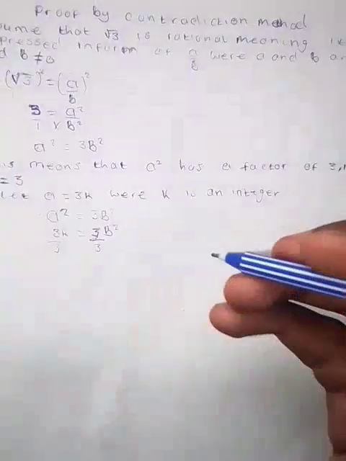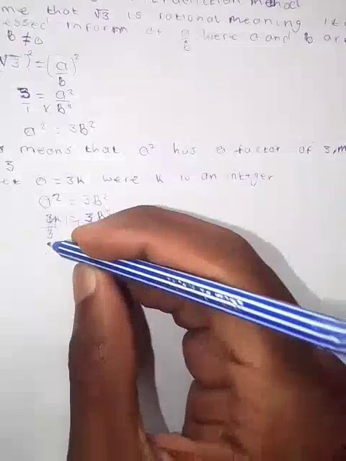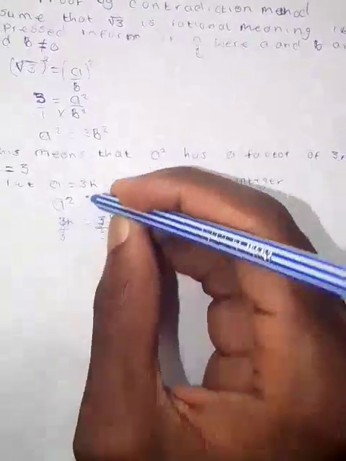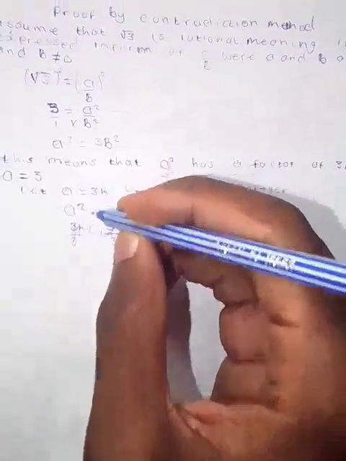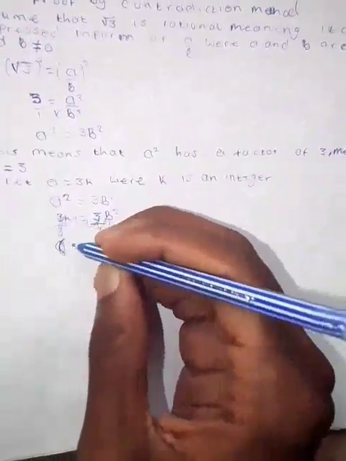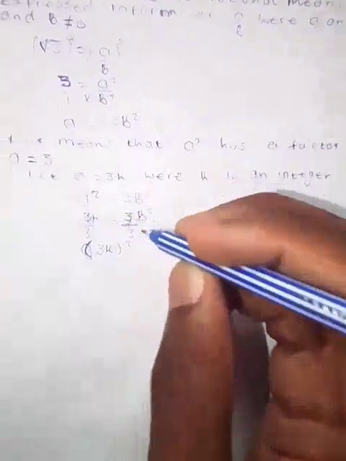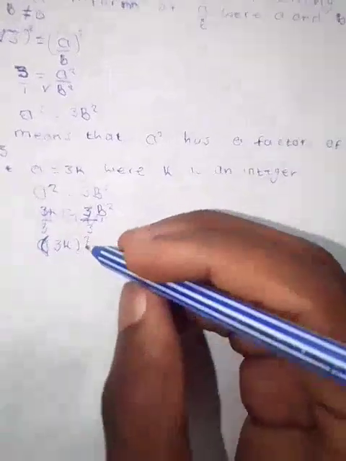Oh, sorry, I forgot to include the square. So when you plug 3k into a, it is going to be (3k) squared. Don't forget the squared, this is how we make mistakes.